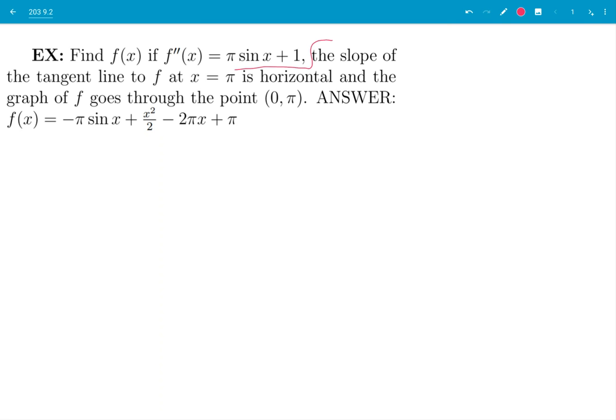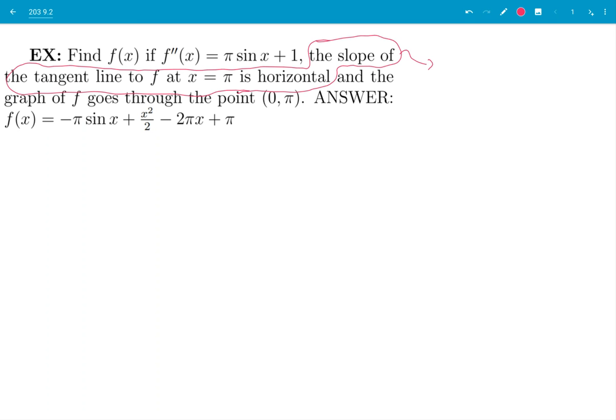So let's take this phrase here. What does that tell me? The slope of the tangent line, so that is f prime, at x equals pi. So f prime of pi. And the slope of the tangent line is horizontal, so f prime is 0.